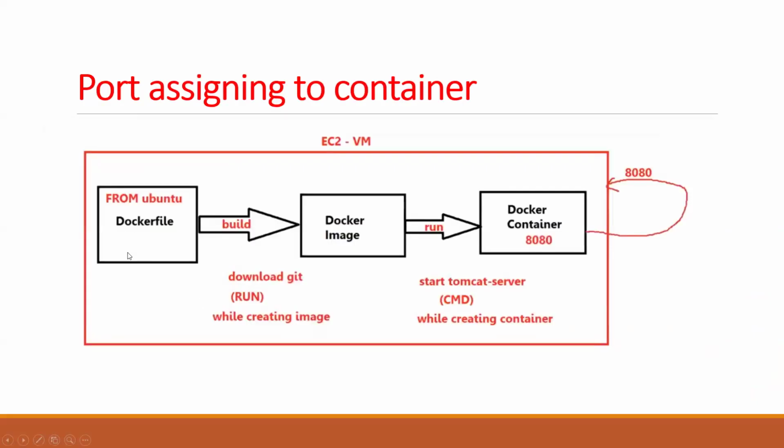So this is from Ubuntu Docker file. From the Docker file we can build the Docker images. From the Docker images we can run the Docker container. So this is the container port and the EC2 host port. Understood?